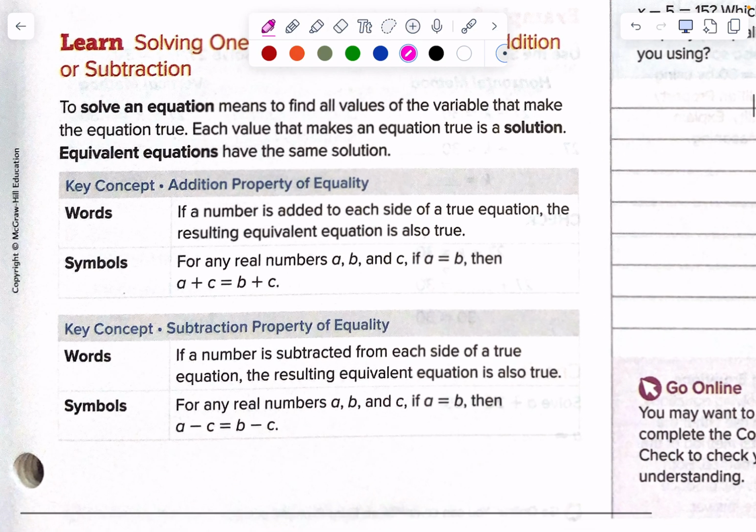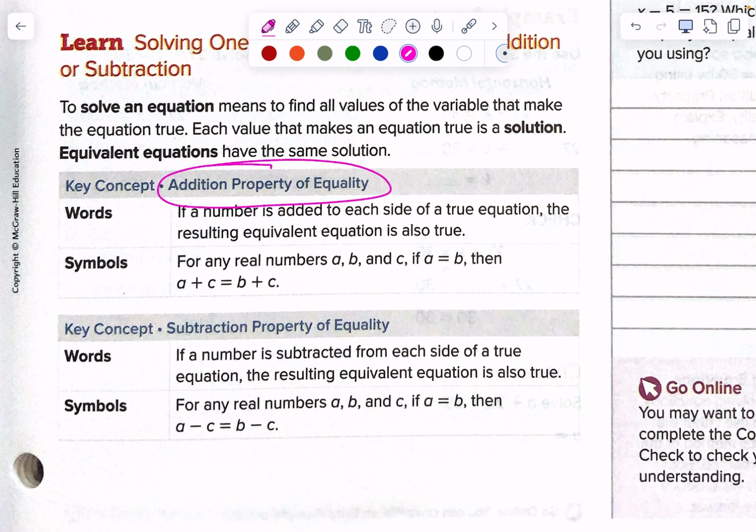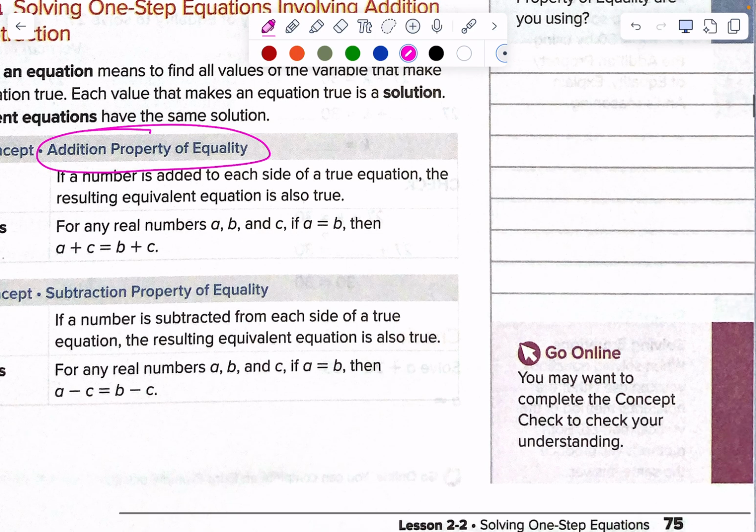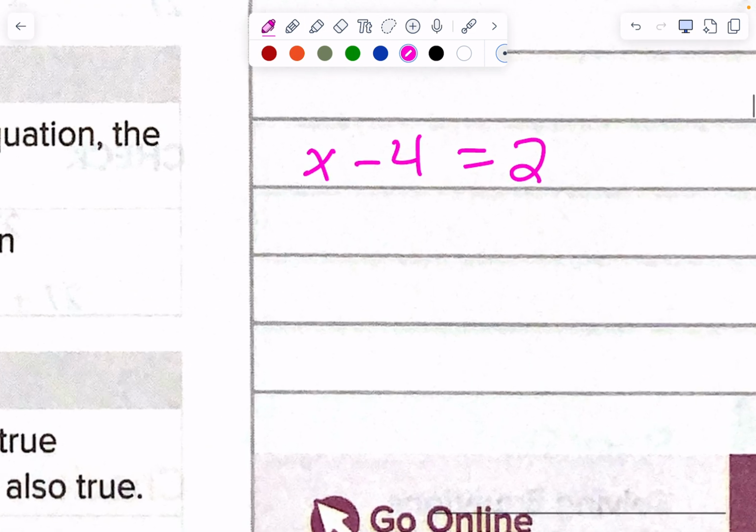Now, here's the deal. They have what's called the addition property of equality. Let me write an example off to the side over here. Let's say that I have x minus 4 is equal to 2, and I want to solve for x. X is subtracting 4, and if I want to get the 4 to the other side, I have to do the opposite of that, which is add the 4.